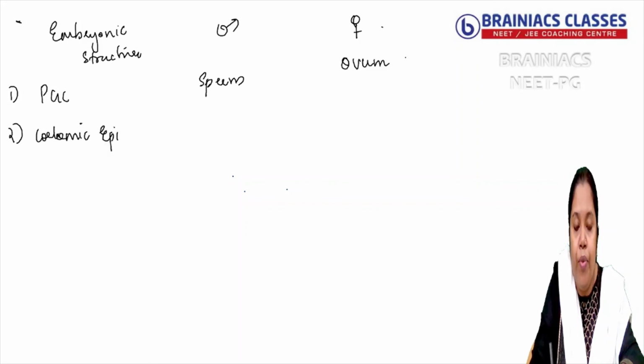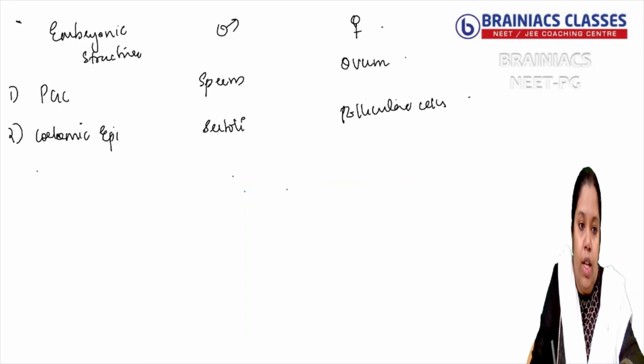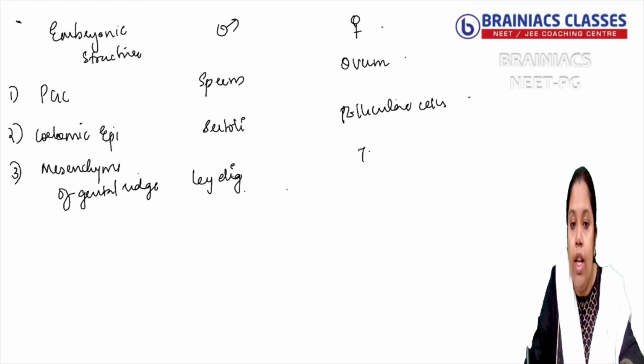In males, it will form the Sertoli cells, and in females, the follicular cells. Then the mesenchyme of the genital ridge forms Leydig cells in males and theca cells in females.